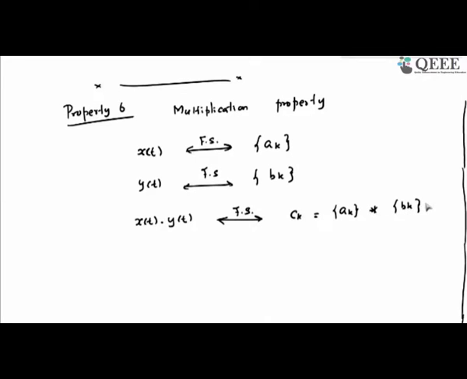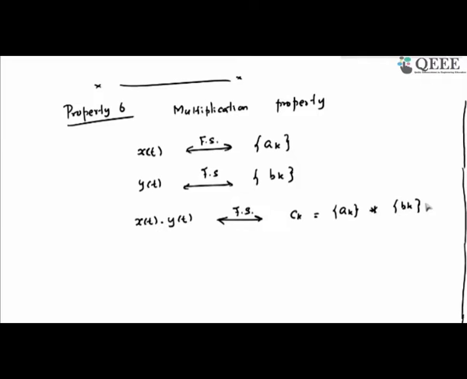So you have the sequence a_k, a sequence of Fourier coefficients, indexed by k running from minus infinity to plus infinity. It is like a discrete time sequence where you can think of k as the time index. In this case, it is the harmonic index. Similarly, b_k is a sequence.